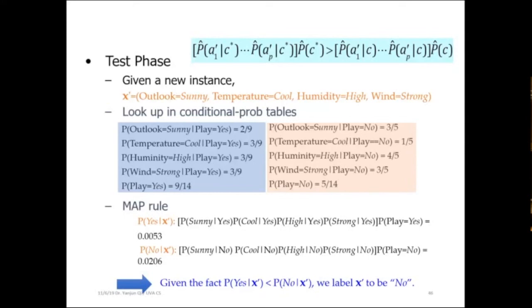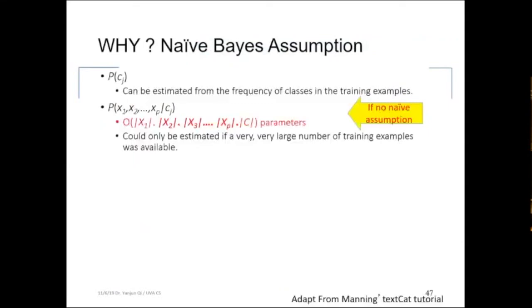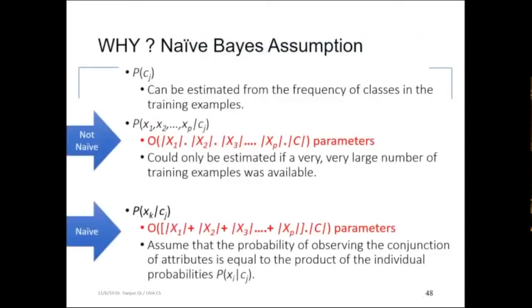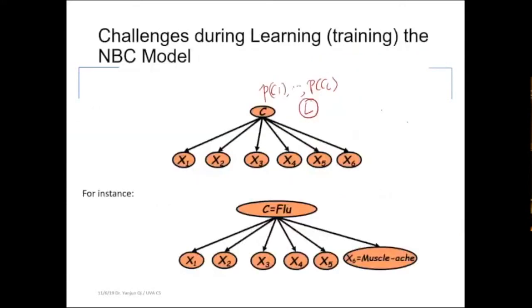I think we're pretty good because I already covered that without the assumption you have 2 to the p parameters, and with the assumption you have 2p times c. This is linear in the number of features, while the other is exponential, which of course is not scalable to large p.